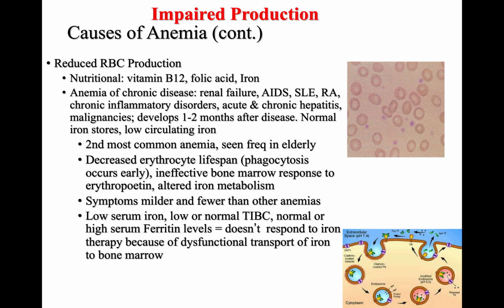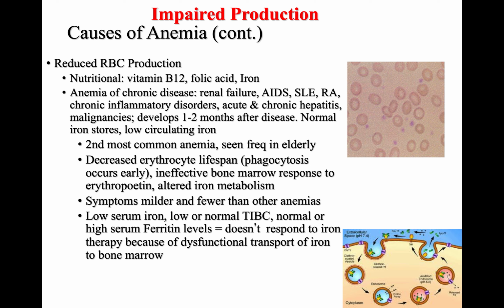It develops 1 to 2 months after disease, with normal iron stores and low circulating iron. It's the second most common anemia, seen frequently in the elderly. There is reduced red blood cell production and decreased erythrocyte lifespan, as phagocytosis occurs early for whatever reason. And again, this is an anemia, so it's not producing like it's supposed to. There is an ineffective bone marrow response to erythropoietin or altered iron metabolism.